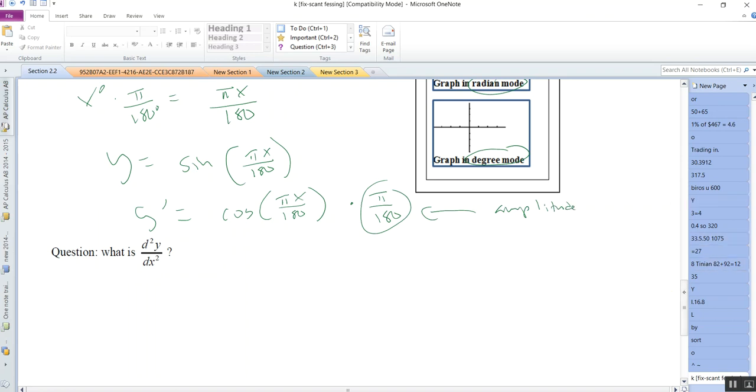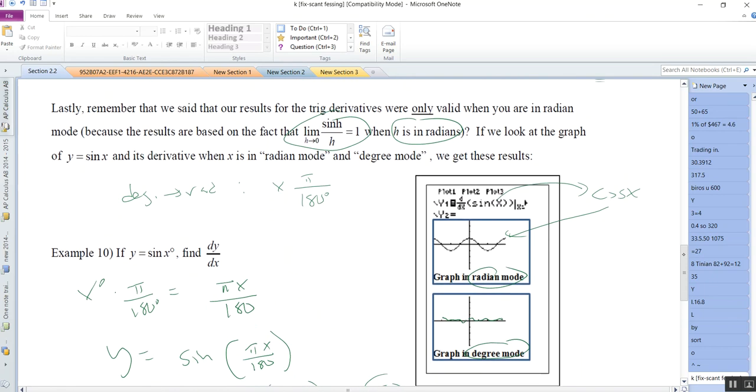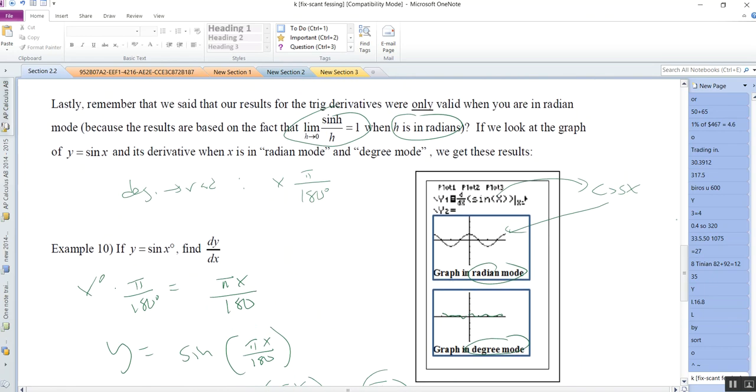And there is something there, but it's just really, really small. So you really can't see it. So again, you want to make sure that we keep this in radian mode when doing derivatives of trig functions. And that's based upon the derivation we did for sine and cosine.